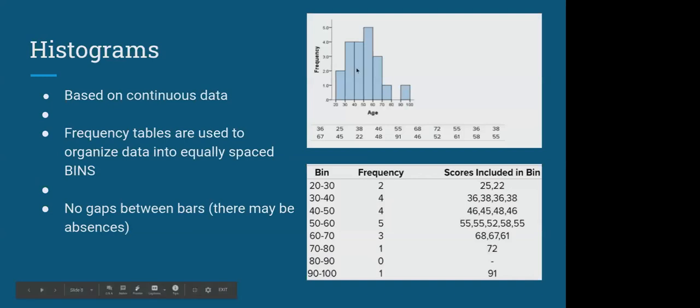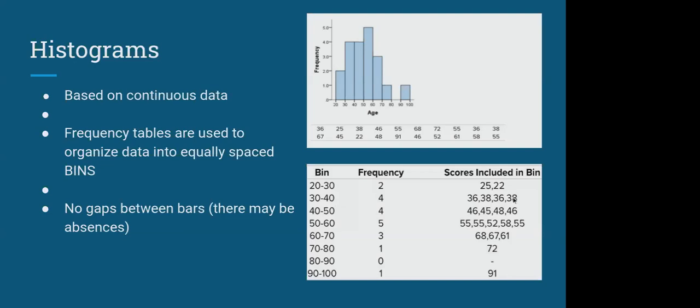So this is the histogram that relates to this set of data where we created this table. And then they showed you which ages are included in the bin. So from 20 to 30, you count the 22-year-old and the 25-year-old. In the 30 to 40 interval, you count the two 36-year-olds and the two 38-year-olds.